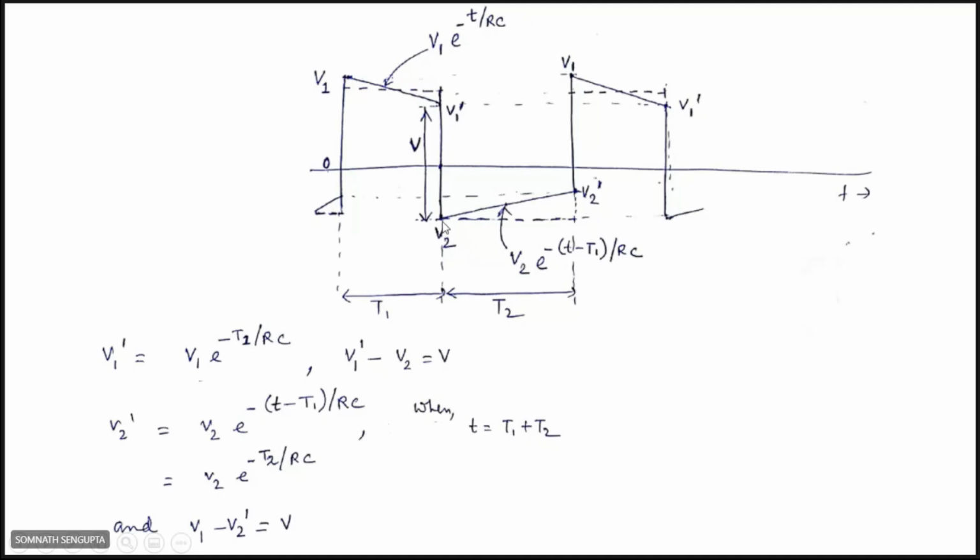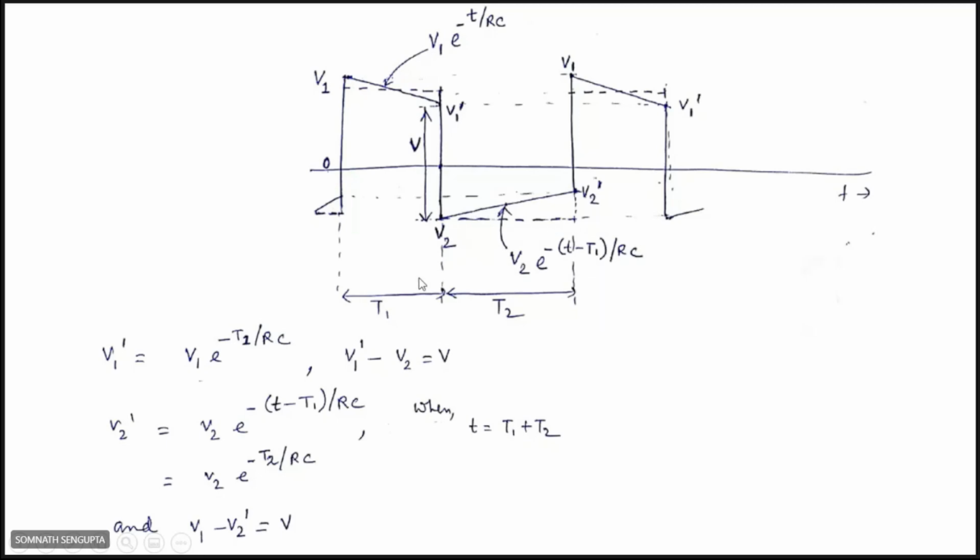Then from V2, this is the voltage at t is equal to T1. Now there will again be decay, because the input maintains a constant level, as was discussed, so there will be decay in the output across RC. So this decay would be accordingly V into e to the power minus t by RC.